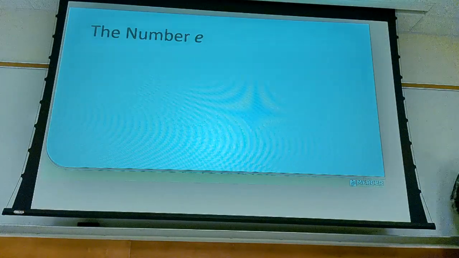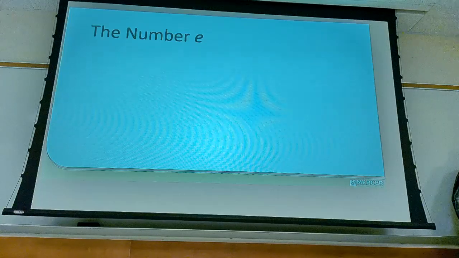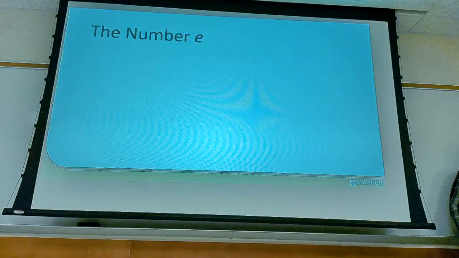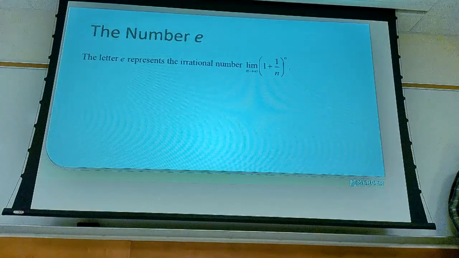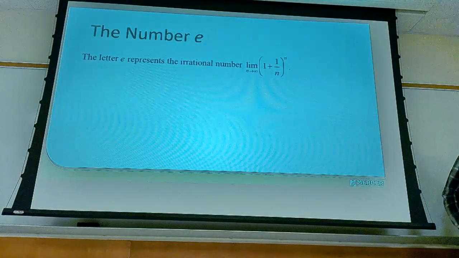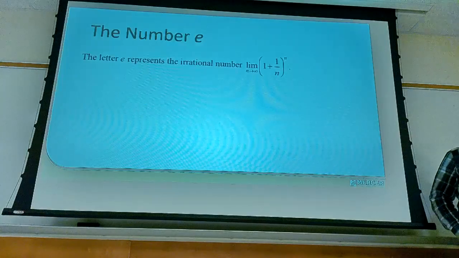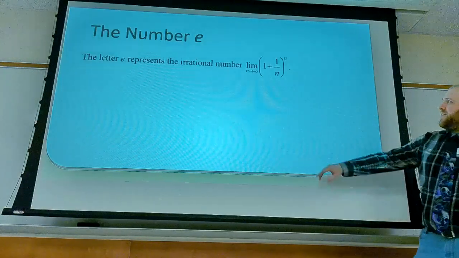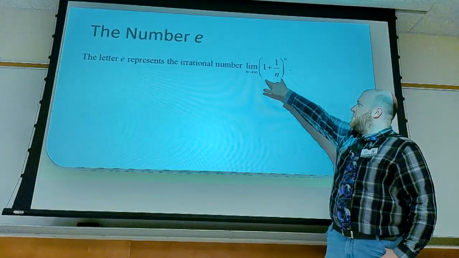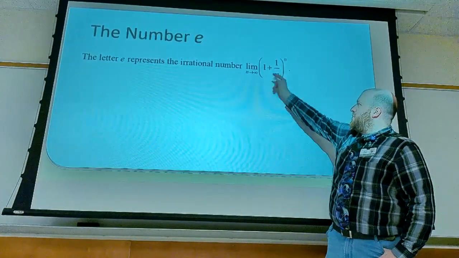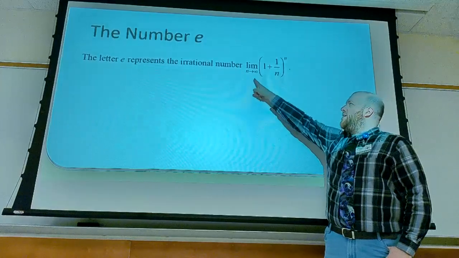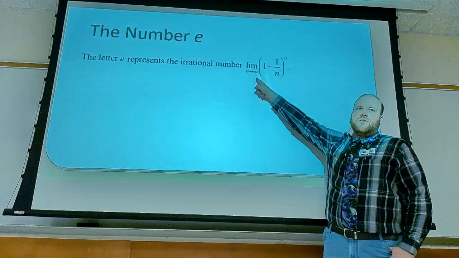The actual definition of the number E, you're not going to really understand because it does require calculus, but there it is. It's the limit as n approaches infinity of (1 plus 1 over n) raised to the nth power. All this means is that this value converges to E as n increases.